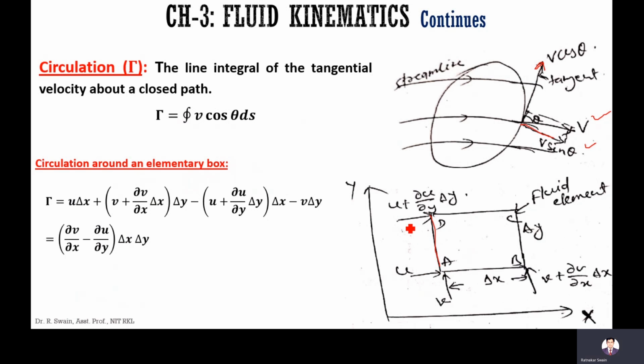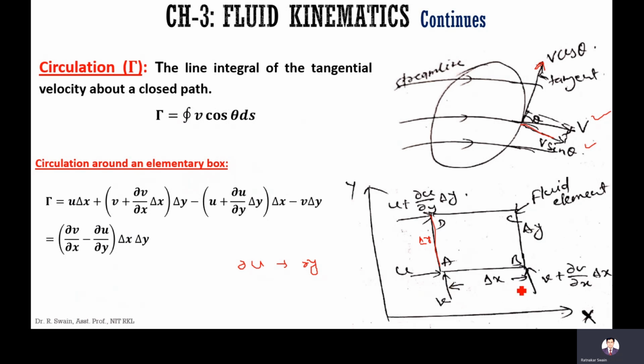If it is u here, then at distance delta y, it will be del u by del y into delta y, because del u is the change in velocity per del y distance. So the total velocity at delta y distance will be u plus del u by del y into delta y.